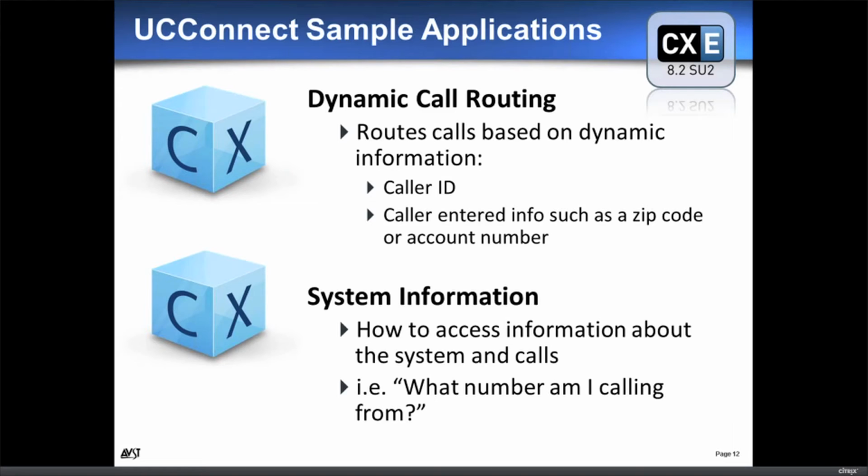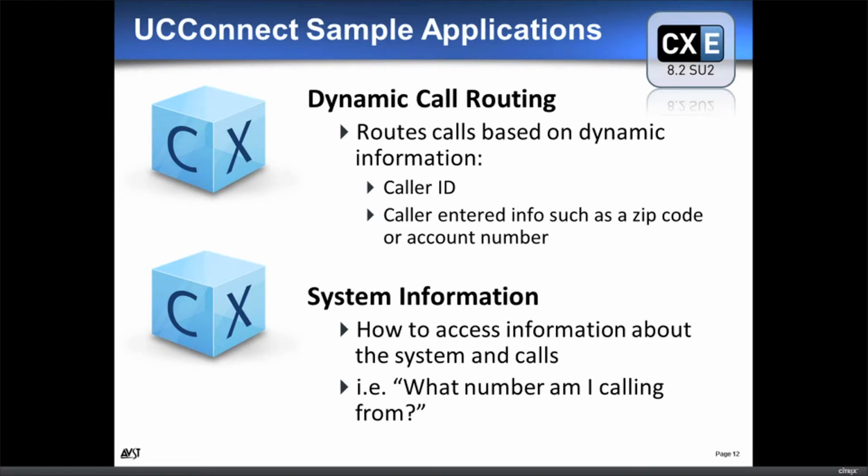The first is Dynamic Call Routing, which is a very interesting app because it now allows callers to be routed based on the caller ID. And that caller ID, of course, needs to be transmitted to us via the integration from the PBX.